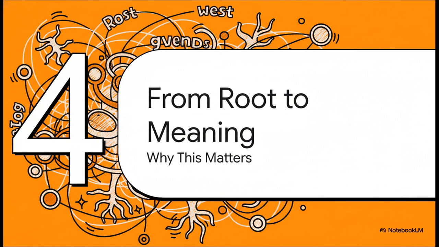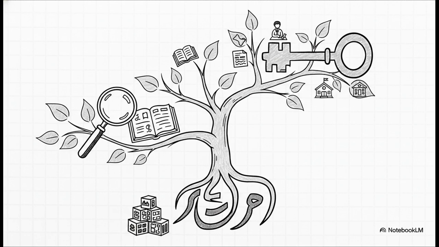So, the crucial points to take away from all this are pretty simple. First, Arabic vocabulary is built on this elegant root system. Second, that means you have to look up words by their root. And finally, and this is the most important part, when you can spot a root, you don't just unlock one word. You unlock an entire family of words, verbs, nouns, adjectives, all connected by that single core meaning.